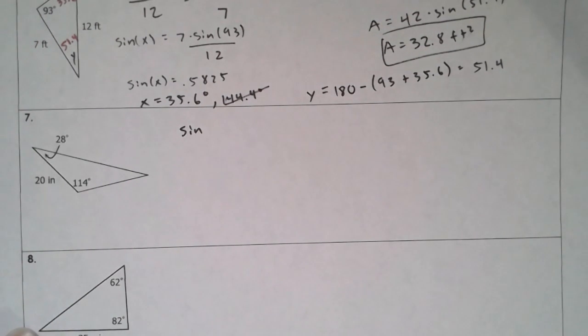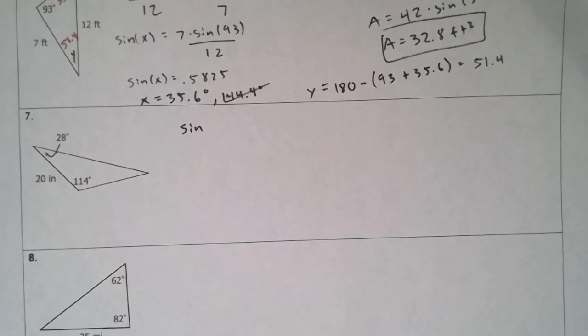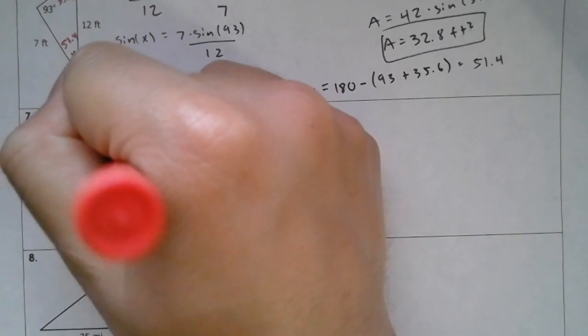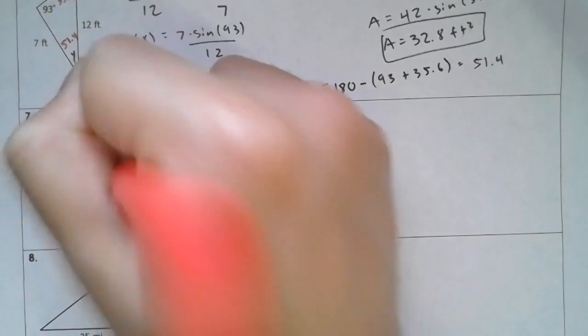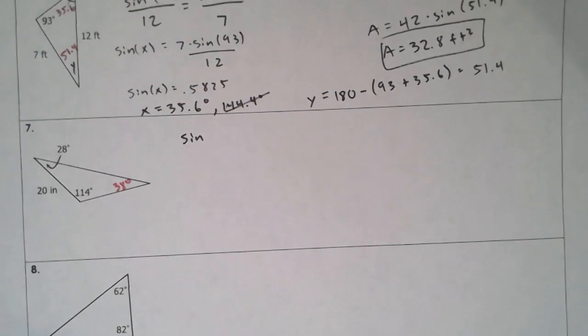Actually, wait, I have to find this angle right here first. 180 minus 28 minus 114, you're going to get that this angle is 38 degrees. Okay, now I can do sine.